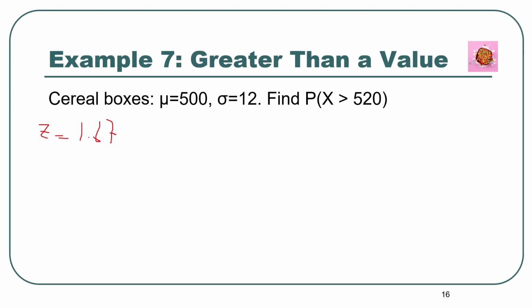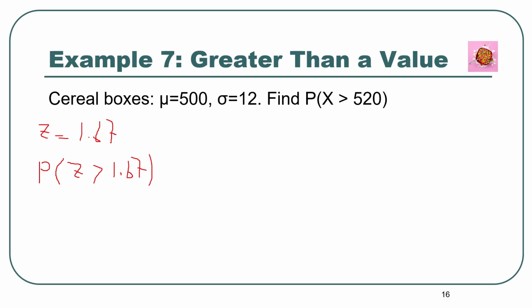So calculating the probability of x greater than that value is exactly calculating the probability of z greater than 1.67. Again, I will put it on my table.